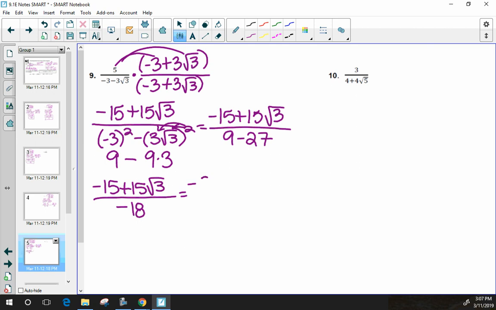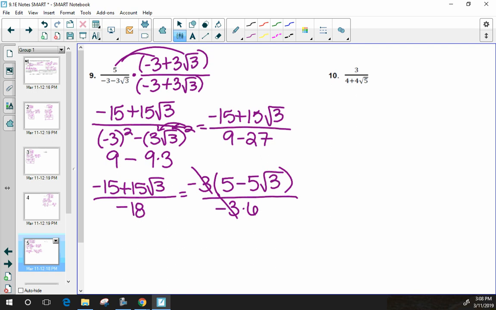So I can factor out a negative 3 from my numerator, and that would leave me with 5 minus 5 square root of 3. And then, of course, I know negative 18 is the product of negative 3 times 6. So there's this negative 3 that is a common factor in all of these terms that I can and need to reduce by.